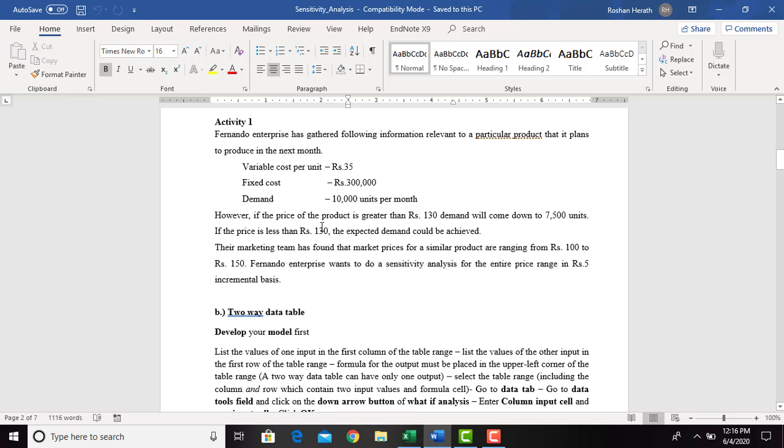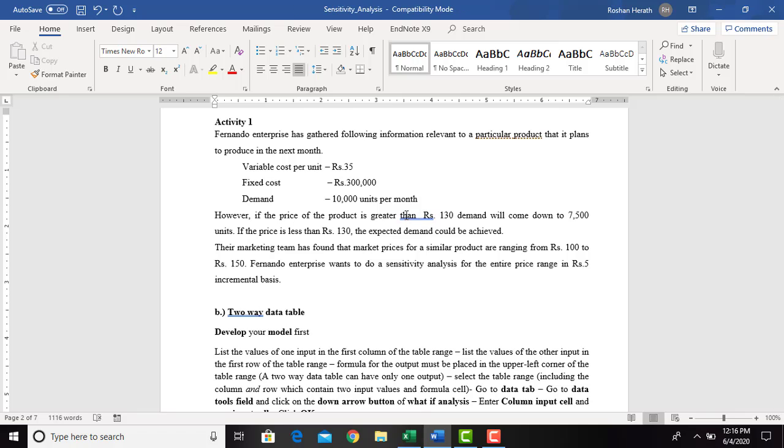According to their initial market survey, if the selling price is 130 or more, the demand will be 7,500. Similarly, if the price is less than 130, the 10,000 units per month can be achieved. Let me make a small change here: greater than or equal.